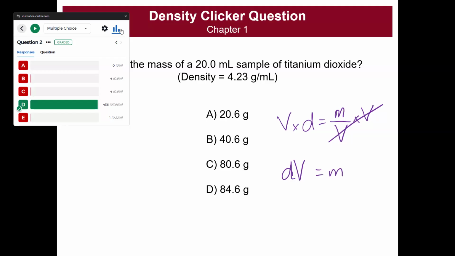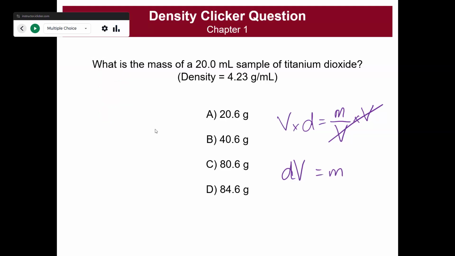It is C. So we want to do the density times the volume. So 20.0 milliliters times 4.23 grams over 1 milliliter. So this is going to help us next time when we do more unit conversions.